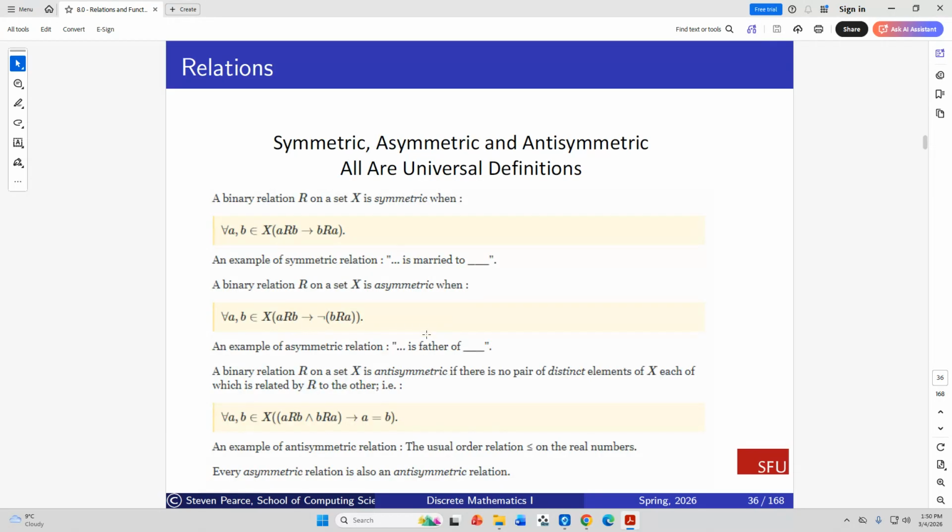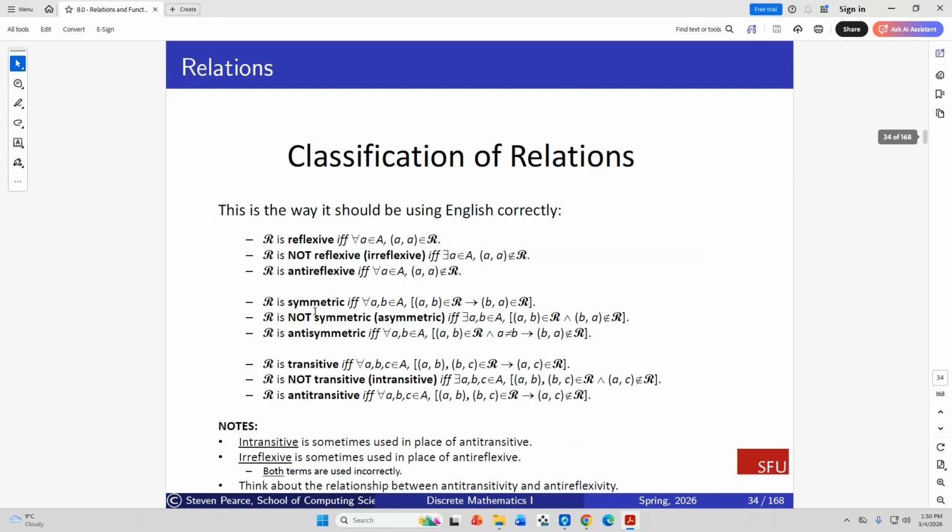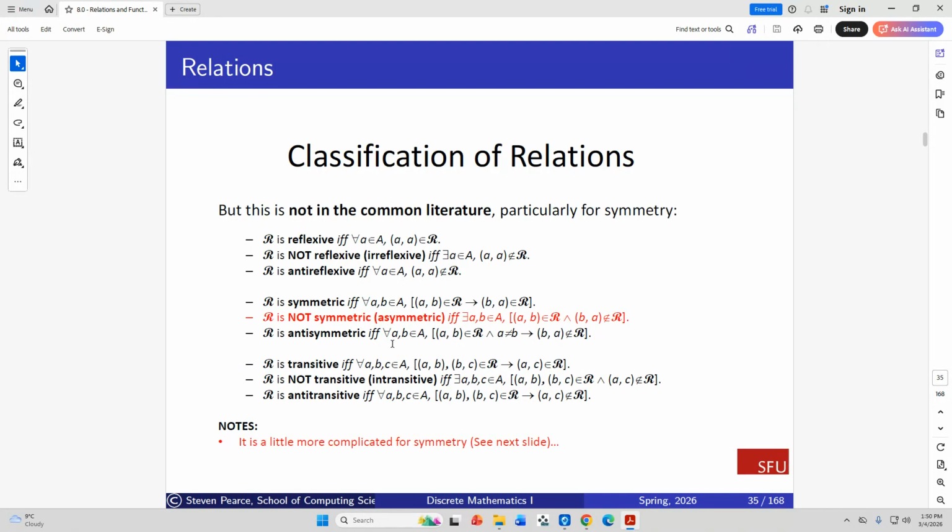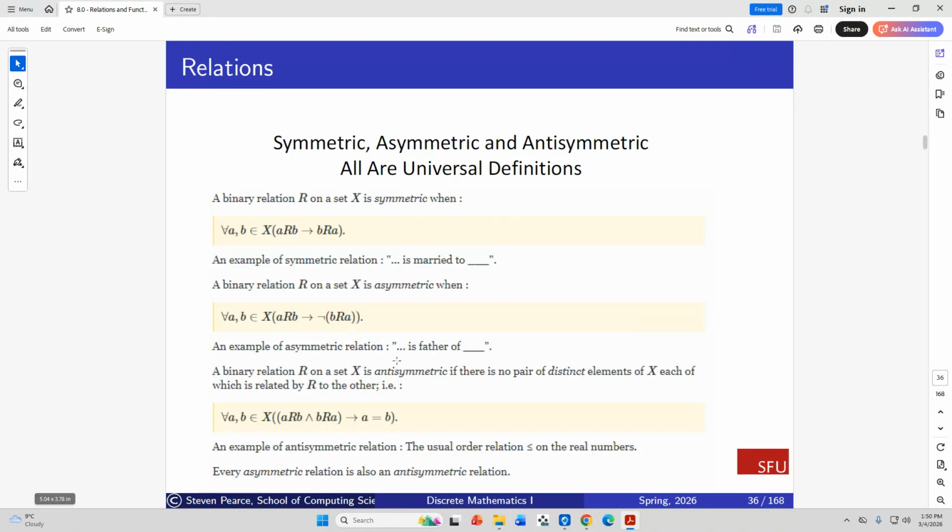It means there at least exists one that doesn't relate back. And a binary relation R on X is antisymmetric if there is no pair of distinct elements such that (A, B) and (B, A) are both in R; they have to be the same. So remember these definitions. All I'm doing is summarizing what most books say.